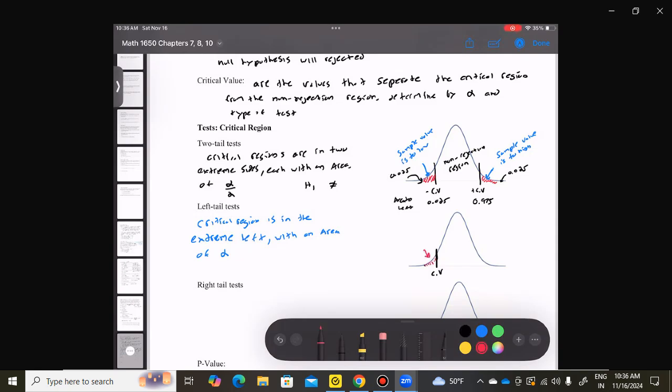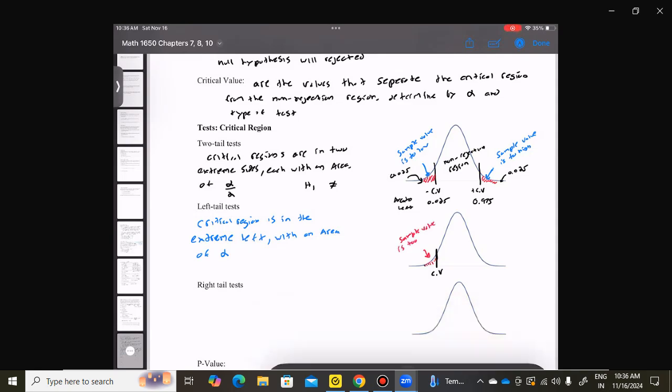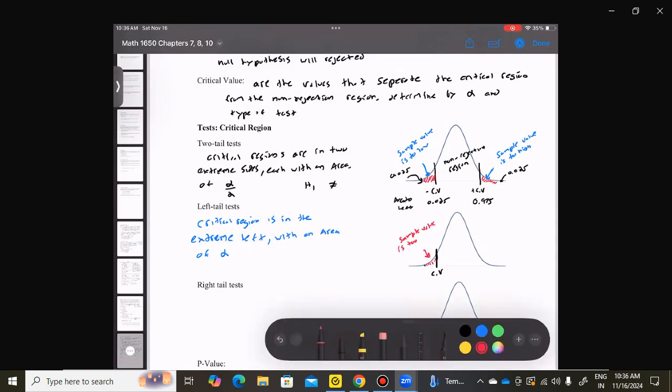And this means the sample value is too low. Okay. And so we use this when our alternate hypothesis has a less than sign, meaning we got a test statistic that is just too low.